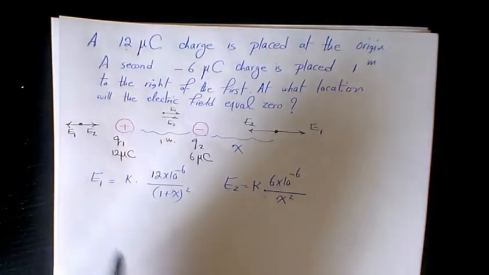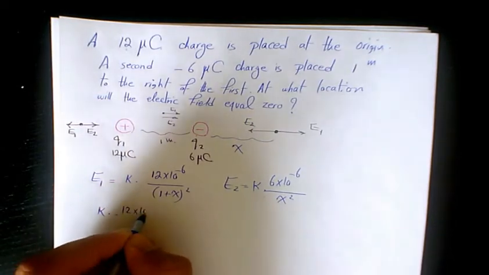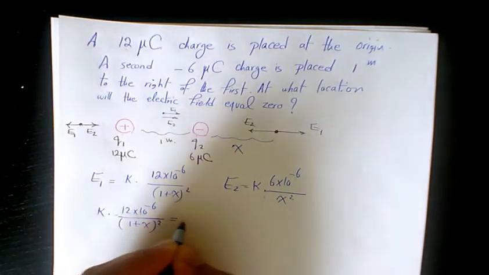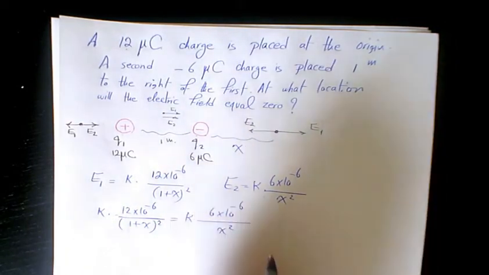Now these two have to be equal, so K times 12 times 10 to the power of negative 6 over (1 plus x) squared has to equal K times 6 times 10 to the power of negative 6 over x squared.